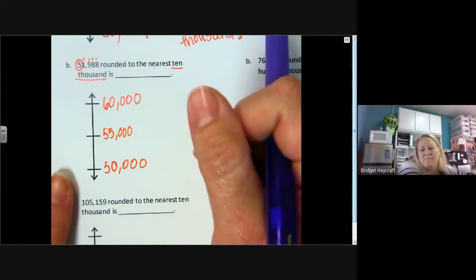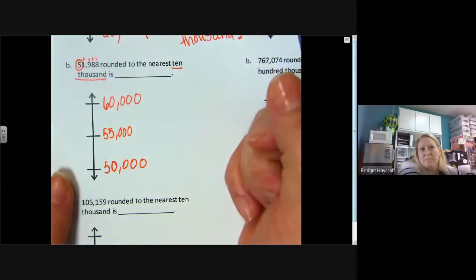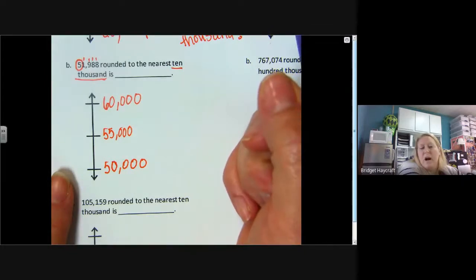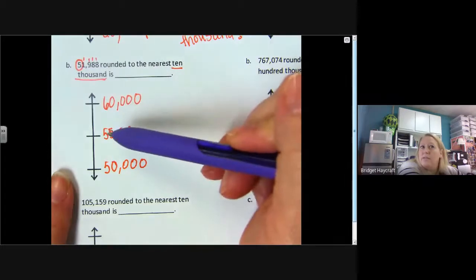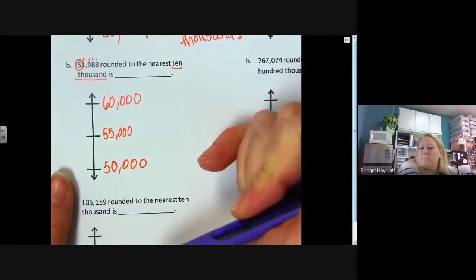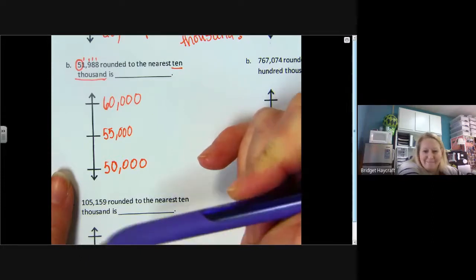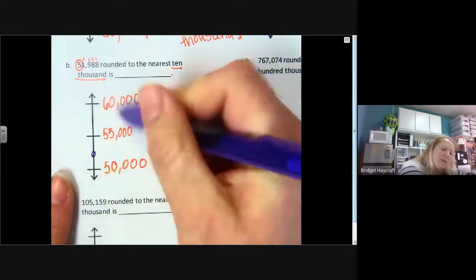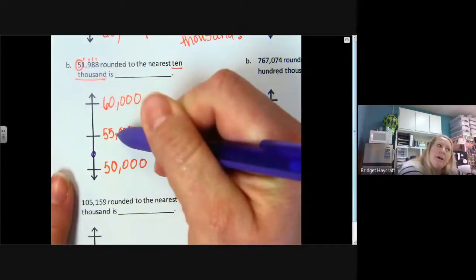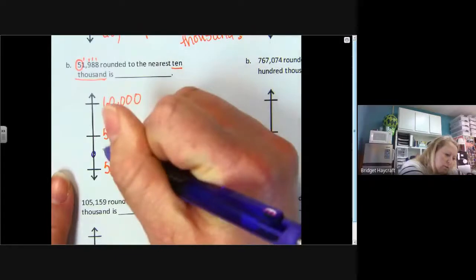Bottom. Top, Brianna? So 51 is greater than 55? Oh, bottom. Yes. All right. So yes, because 51 is in between 50 and 55. So it would go down here.